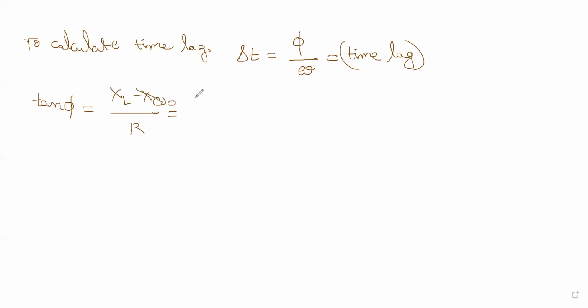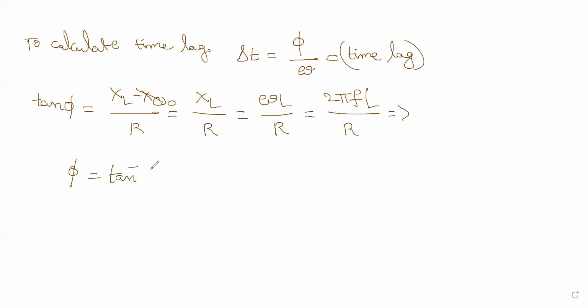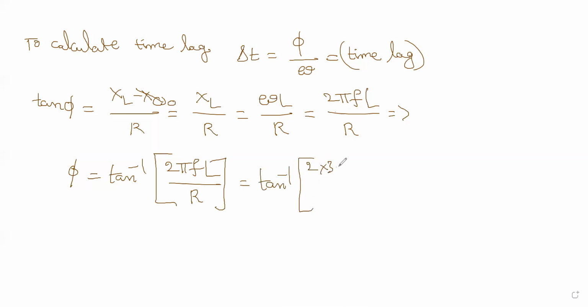But the capacitor is not connected. It's simply XL divided by R. XL is omega into L, whole divided by R. So omega is 2 pi F, so phi is tan inverse of 2 pi FL whole divided by R. So plug in the things: tan inverse of 2 into 3.14 into F is 50, L is 0.01, R is 1.